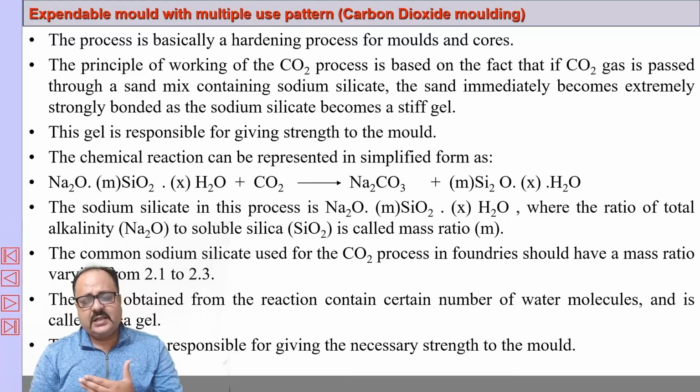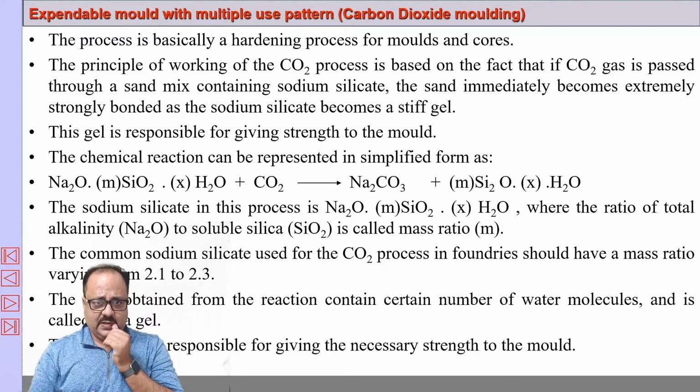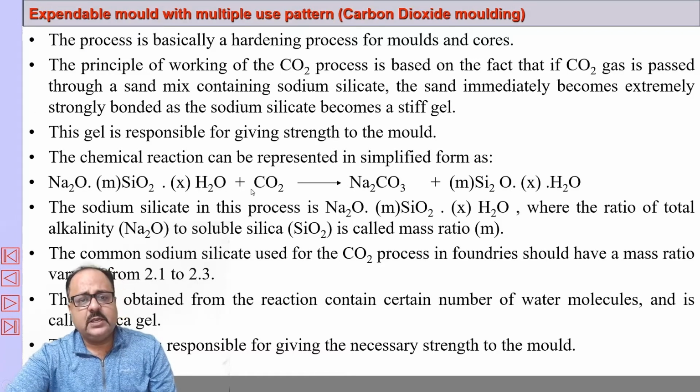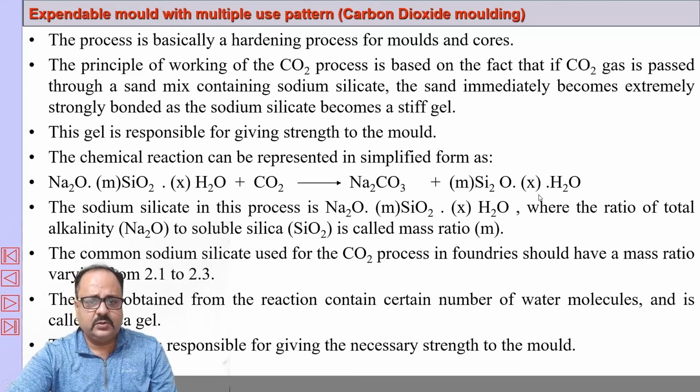So we have a better strength of the mold when you are molding with carbon dioxide and sodium silicate. Here you have the sodium silicate with water molecules. When carbon dioxide gas is passed, we get sodium carbonate plus the silica gel. This is called the silica gel, having a certain number of water molecules.